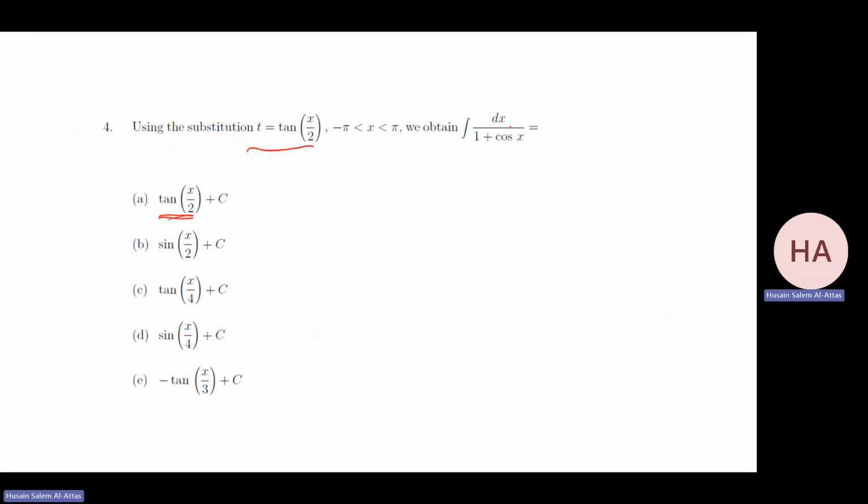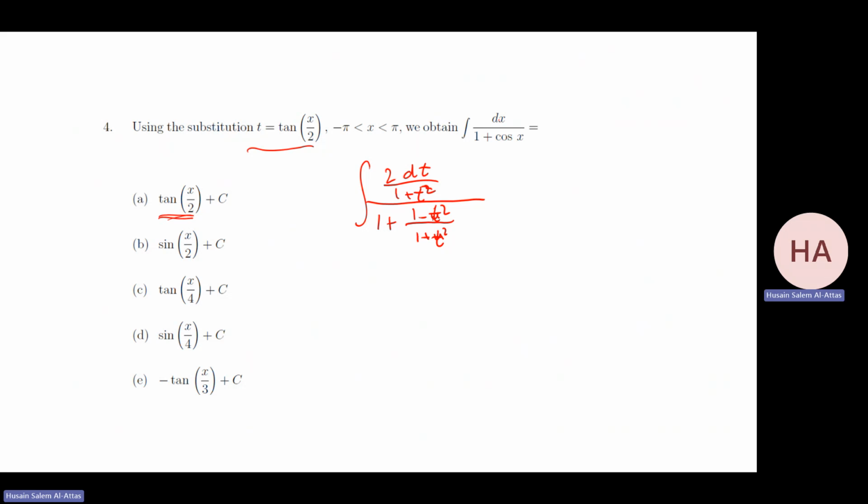Okay, so do the substitution. Now we memorize it. Since I'm using t, let me use t. That will be 2 dt over 1 plus t square over 1 plus 1 minus t square over 1 plus t square.